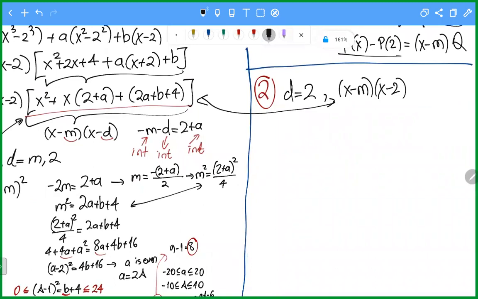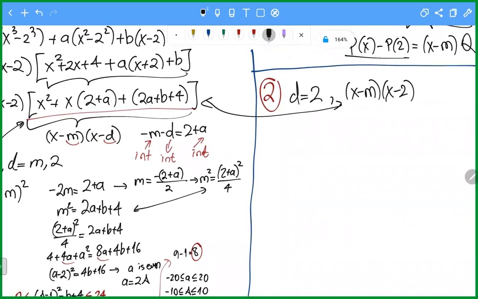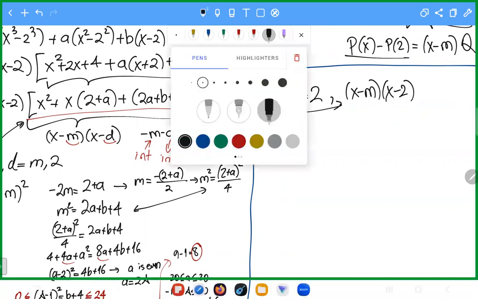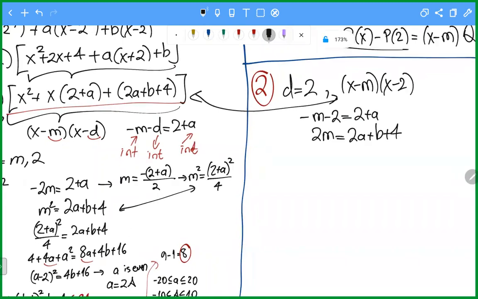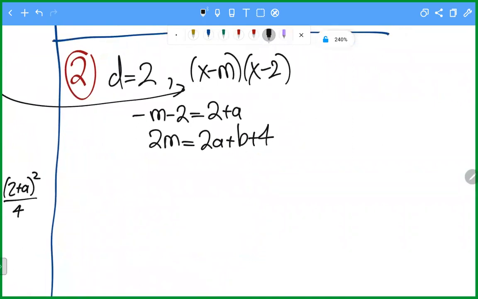After we equate the coefficients, we obtain negative 2m equals 2 plus a. I'm sorry, this was not correct. It should be negative m minus 2 equals 2 plus a, and 2m equals 2a plus b plus 4. So let's work those two equations and solve for a and b.